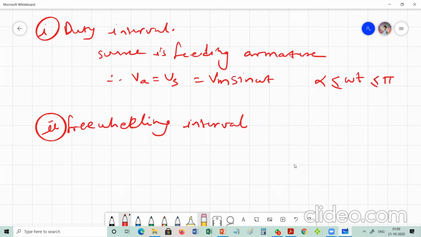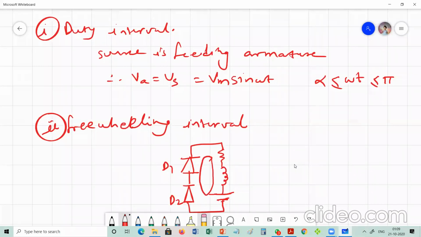The current is flowing through diodes D1 and D2, and the circuit will be like this. Only this part will be active, and the current freewheels through these diodes. This is the direction of current.